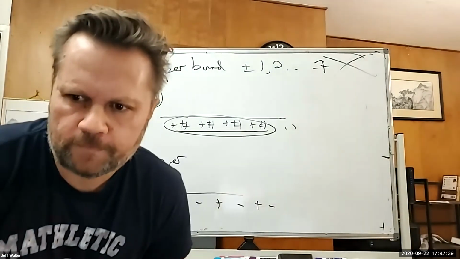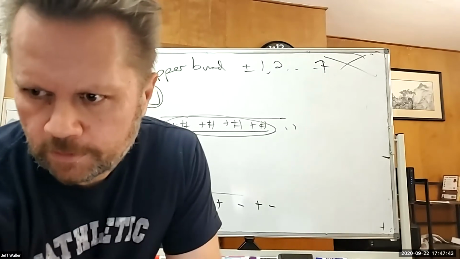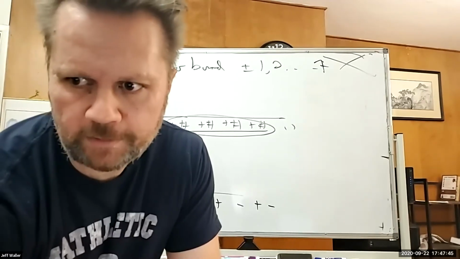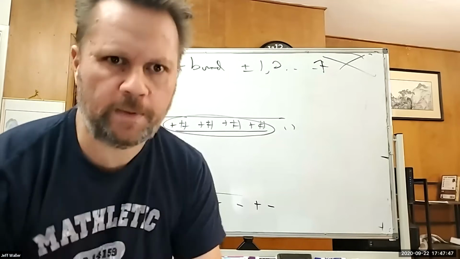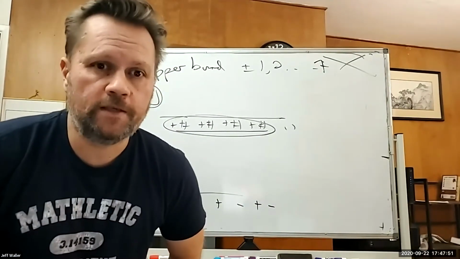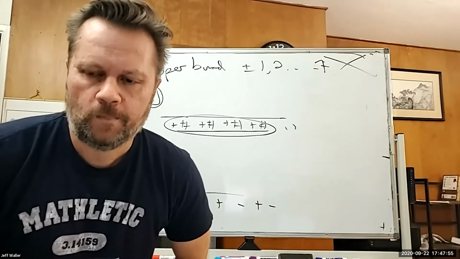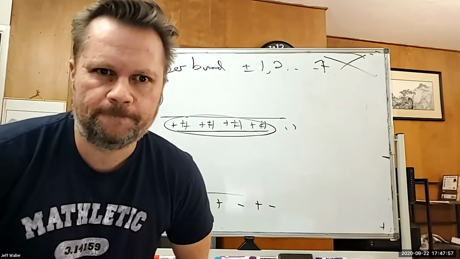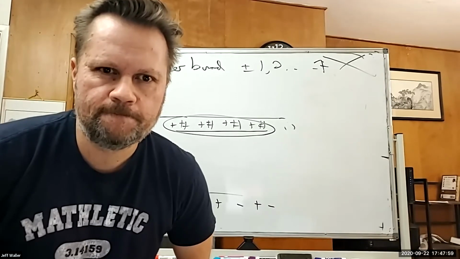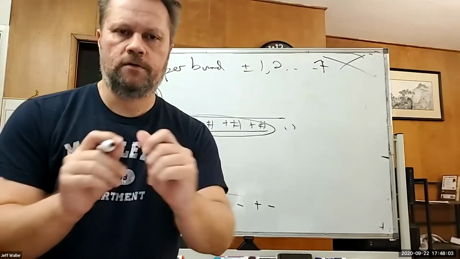We did talk a little bit about what if they were all negative? That would mean the same thing, because there would be a negative I could have factored out at the beginning. All right, so those are the bounds.